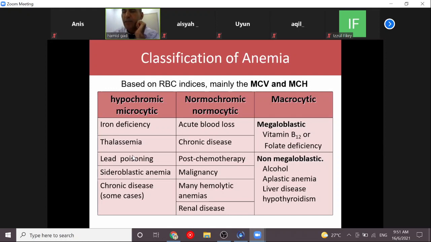If you find the CBC hemoglobin is low, MCV is low, MCH is low, what are the next investigations you should order? If I give you a CBC now, and you find hemoglobin is low, so it's anemic, and MCV is low, and MCH is low, what investigations should you do? Blood smear.